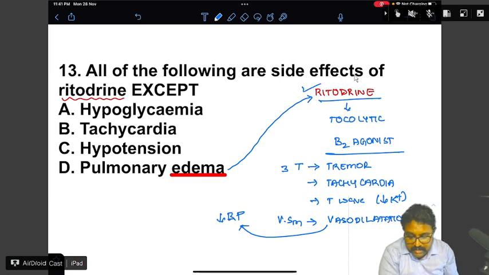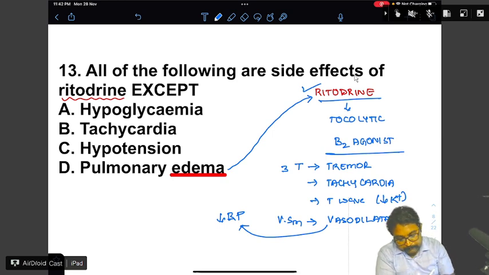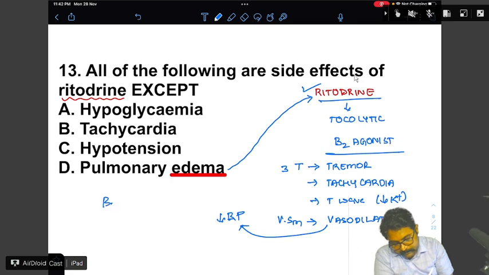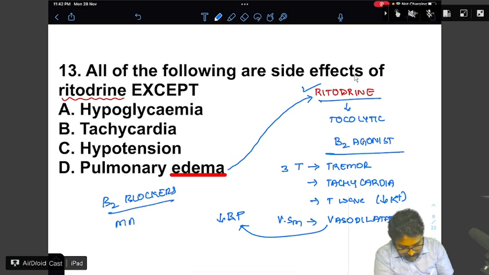So what does this beta 2 agonist do with respect to glucose? Basically, beta blockers will mask the symptoms of hypoglycemia.